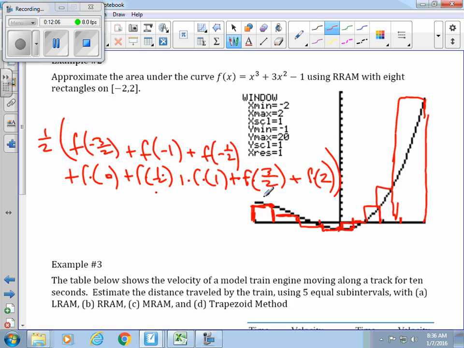So notice on the left, I left off the -2, but I did include the +2 because I'm doing right-hand endpoints. So that's the setup.